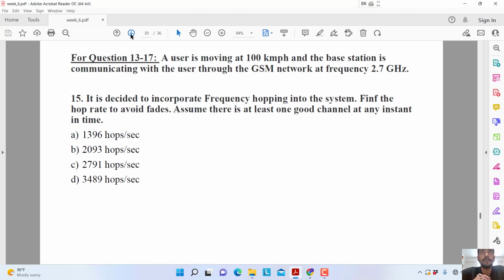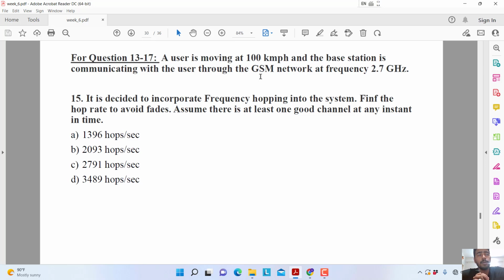And now question number 15 they are asking: it is decided to incorporate frequency hopping in the system. Find the hop rate to avoid fades. Assume there is at least one good channel at any instant in time. The data is the same.